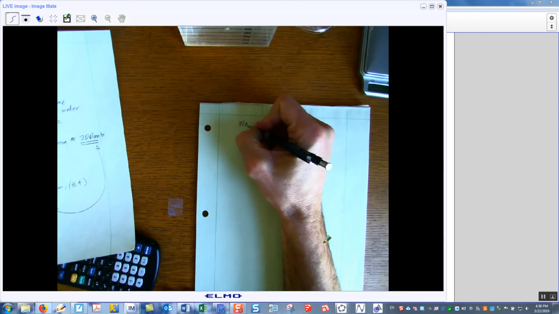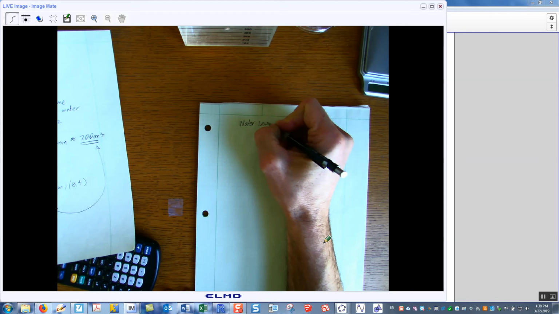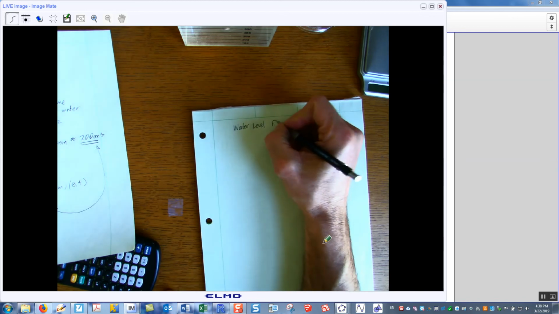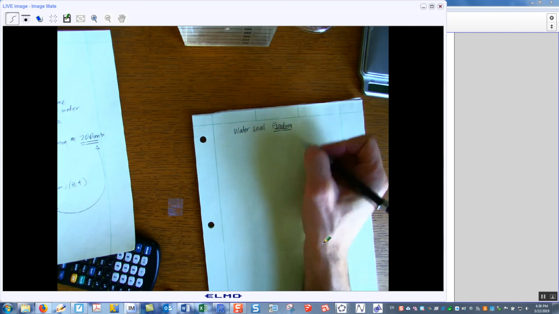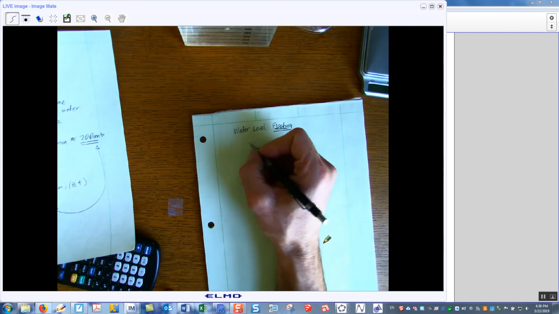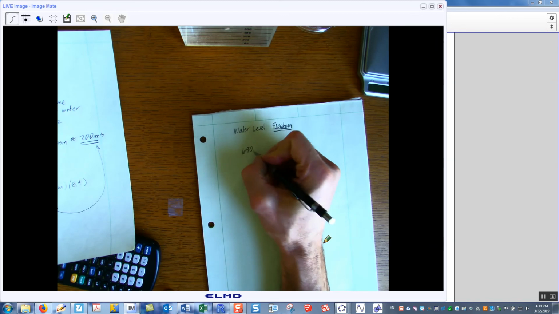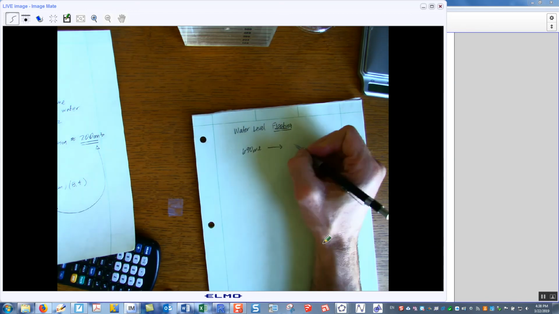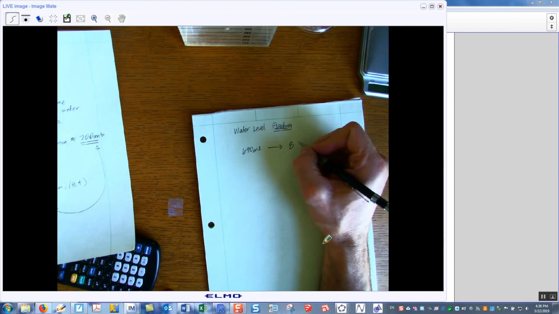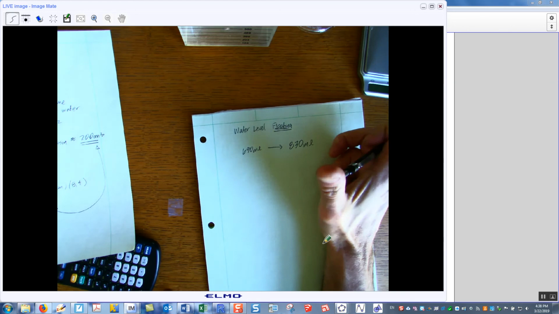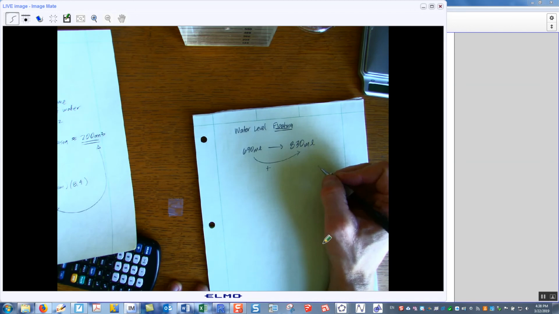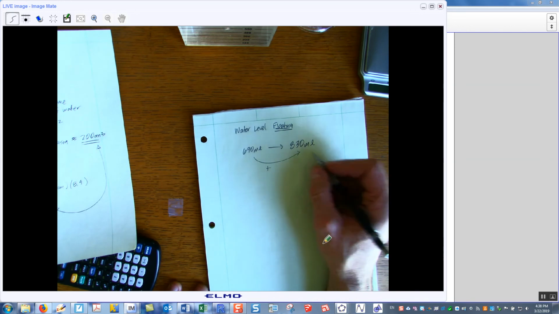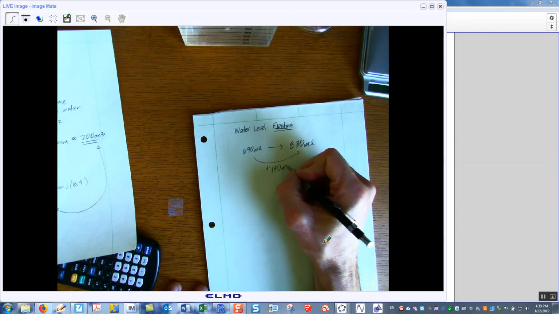So water level, again, what did it do for a floating object, right? So this object went from just under 600, I think we said 690 milliliters, up to I think we said just over 800, so I'm going to call it 830 milliliters. It was sort of a third of the way. So if we kind of think about the change here, we had an addition in volume of, let's see, 140 milliliters.